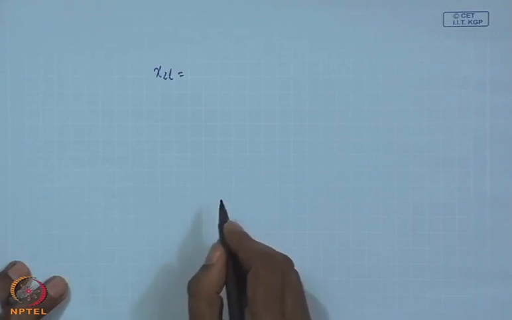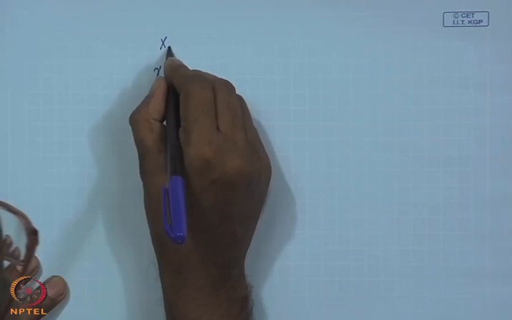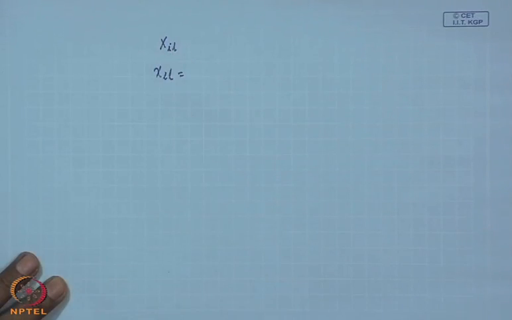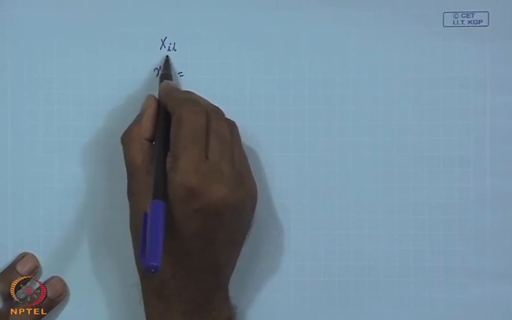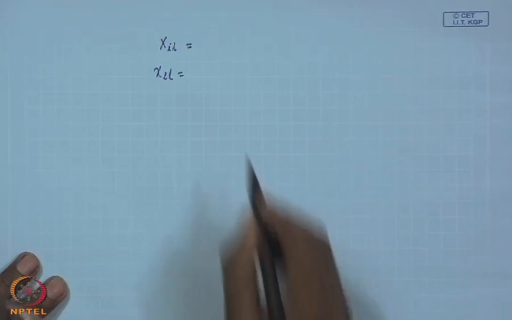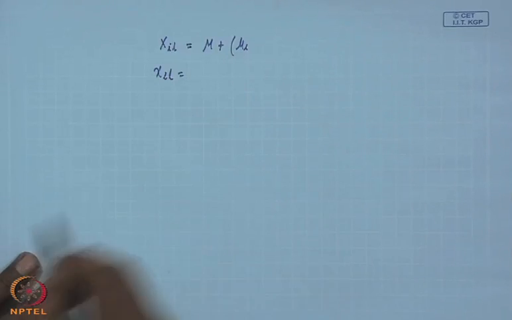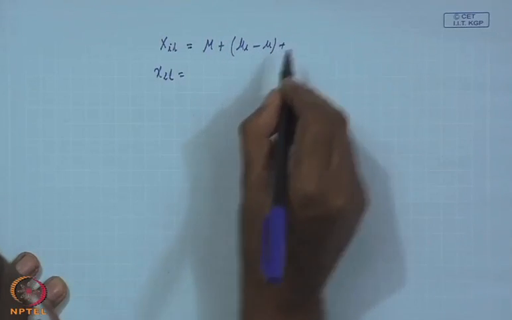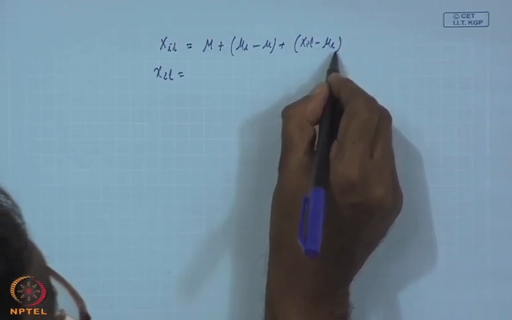We have seen earlier, I told you that from the population point of view, when I am planning to collect some data, let x I l be the observation to be collected from a population where the grand mean is mu and the population mean is mu l, then we have partitioned the observation like this.